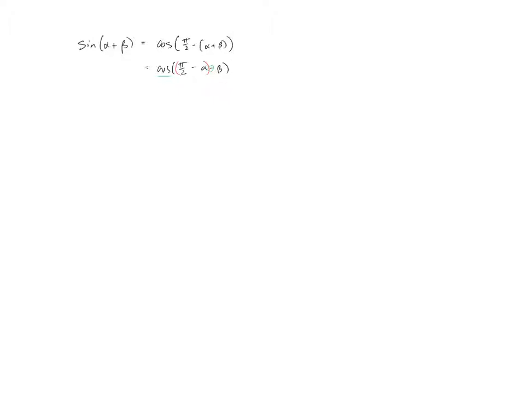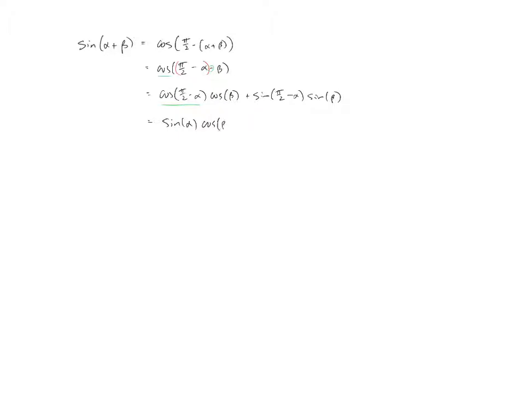So using the cosine of a difference identity, we get cosine of pi over 2 minus alpha, cosine of beta, plus sine of pi over 2 minus alpha, sine of beta. We also can see now that cosine of pi over 2 minus alpha would give us sine of alpha, once again the cofunction identity.